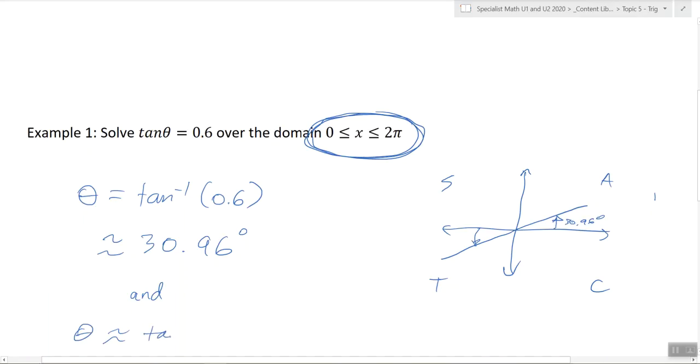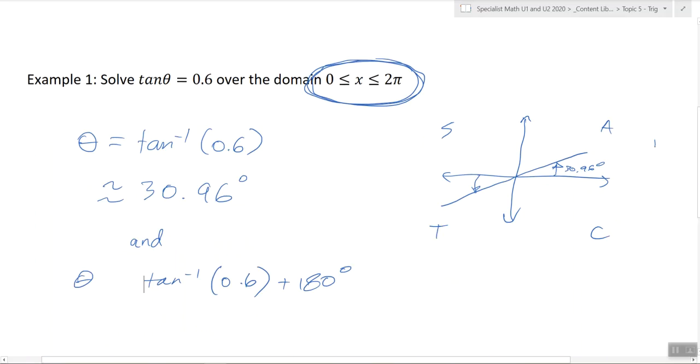So tan negative 1 of 0.6 plus 180, because it's gone into the third quadrant, because tan's positive in the third quadrant. 210.96.